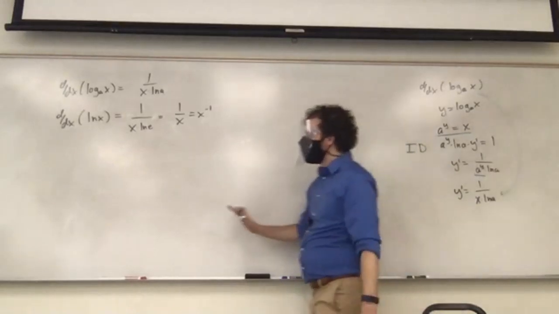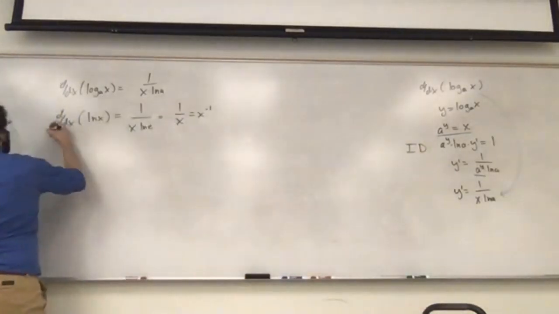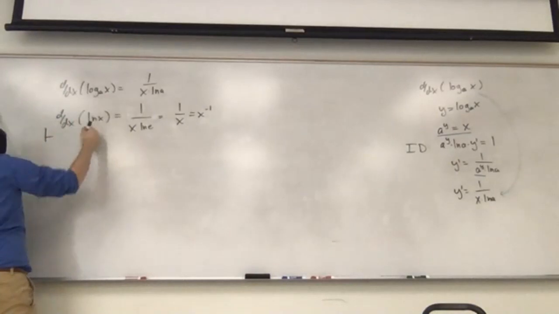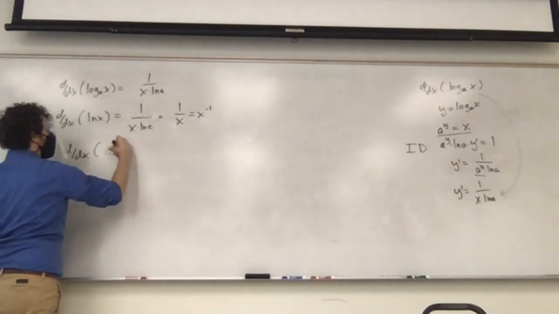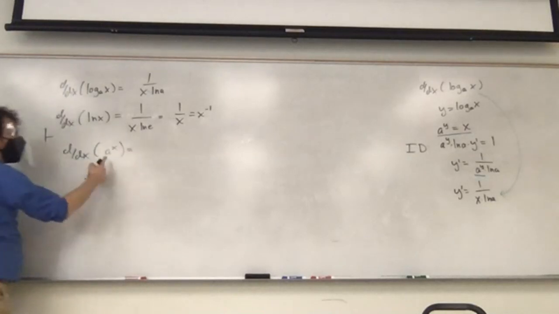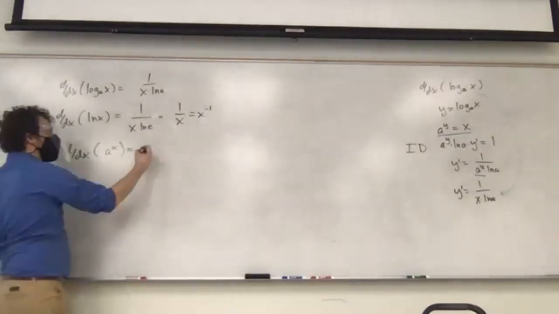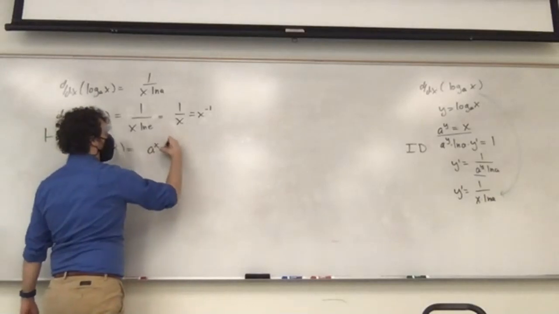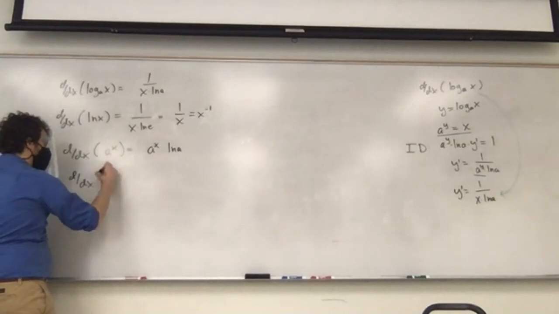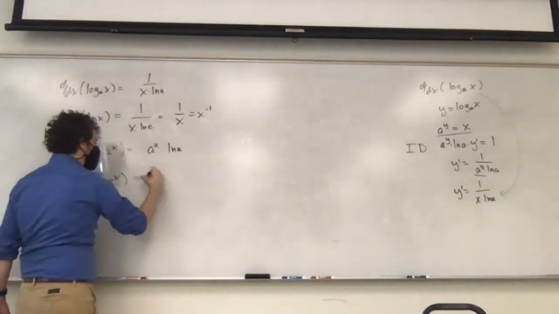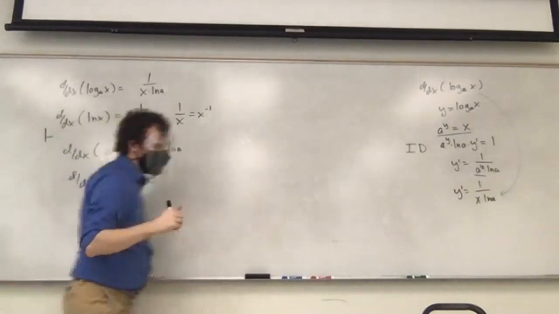It's also worth comparing the derivatives of the logarithm functions to the derivatives of the exponential functions. So the derivative of a to the x is a to the x times the natural log of a, and the derivative of e to the x is just e to the x.